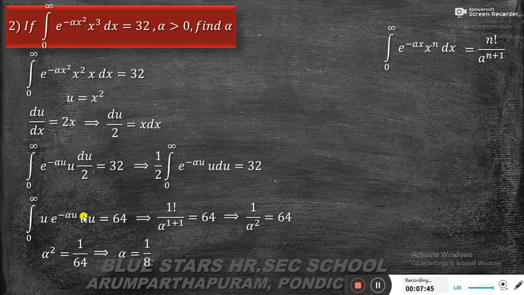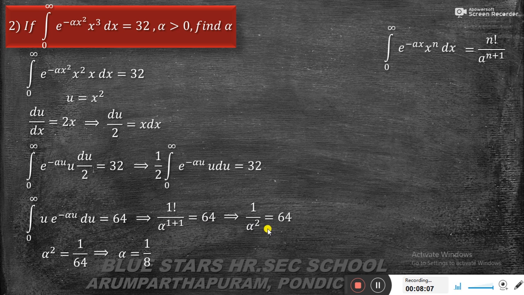Therefore the formula is here, that means we compare this, so a equal to alpha and n equal to 1, so therefore n factorial, 1 factorial by a power n plus 1, alpha power 1 plus 1, equal to 64, means 1 by alpha square equal to 64.